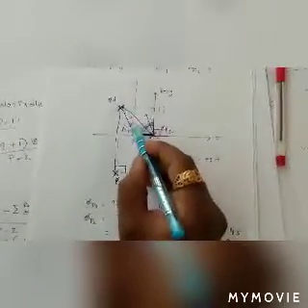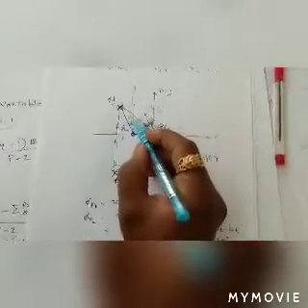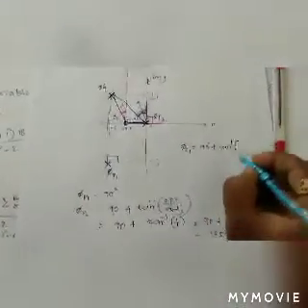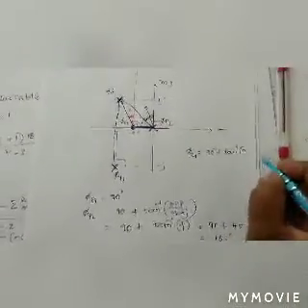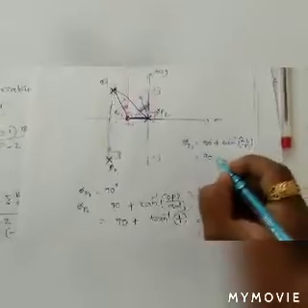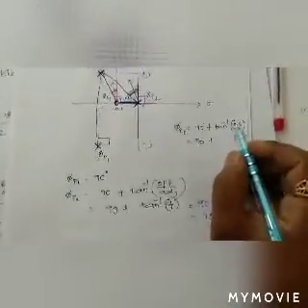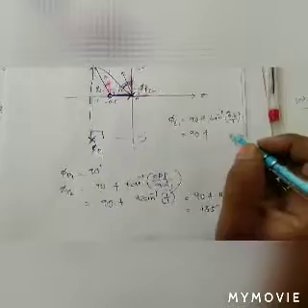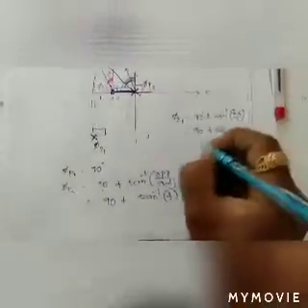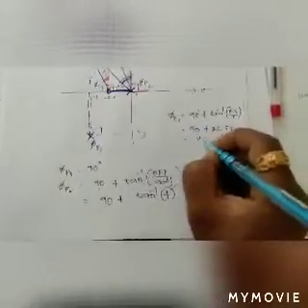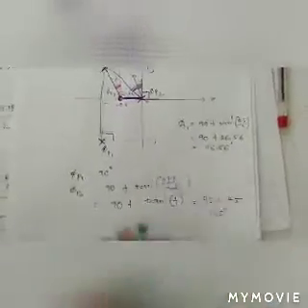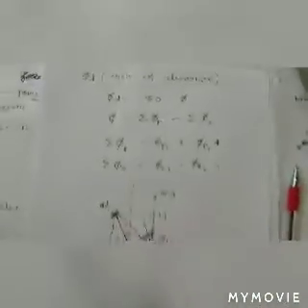So we need to find the angle for these two. In between these two I had drawn a line which shows the opposite. How much is it? 0.5. So tan inverse opposite is 0.5 divided by adjacent. How much is it? 1. So 90 plus tan inverse of 0.5, that is 26.56. So from that we'll get 116.56 degree.